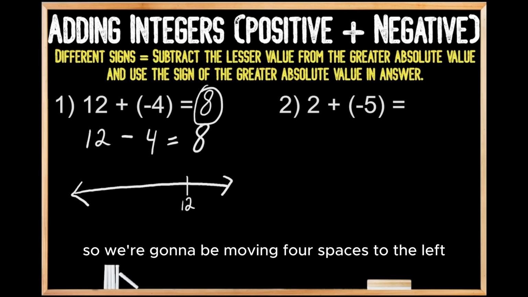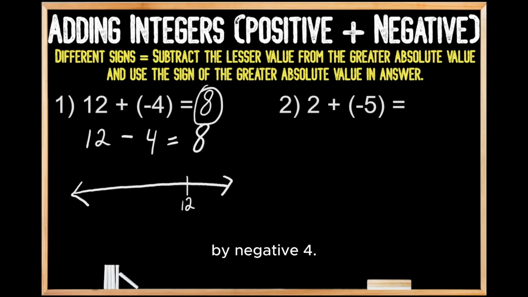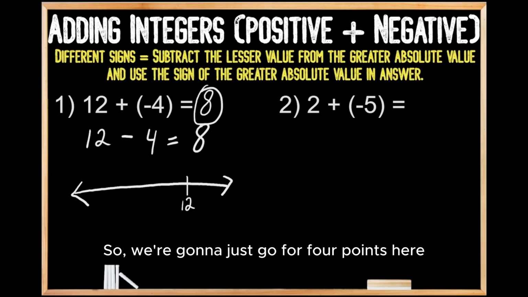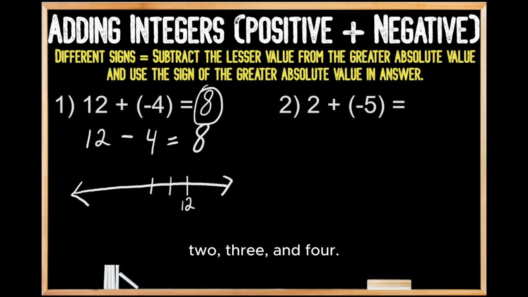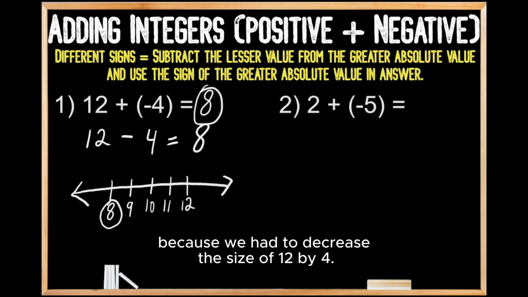So we're going to be moving 4 spaces to the left because we're decreasing the value of 12 by 4. So we have 1, 2, 3, and 4. So we have 11, 10, 9, and 8. So as we can see, that's how we got to our answer of 8 because we had to decrease the size of 12 by 4.